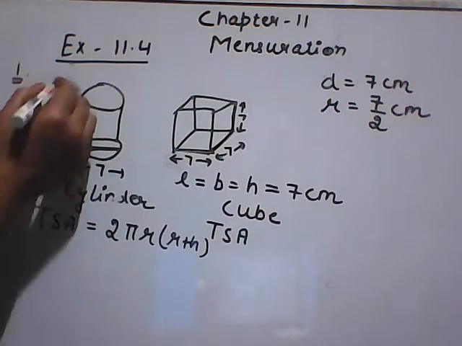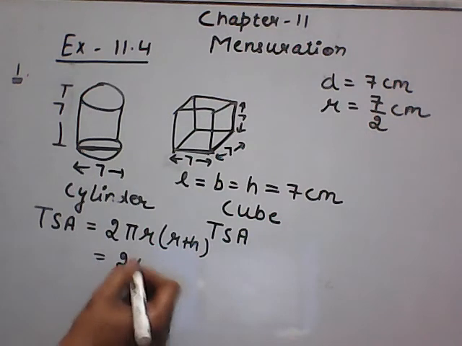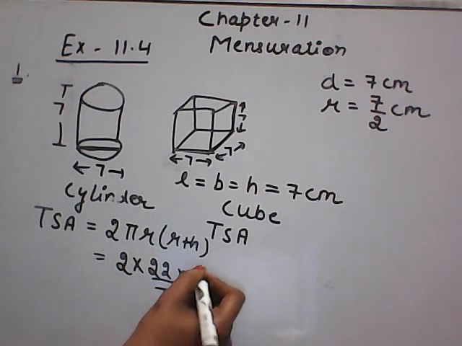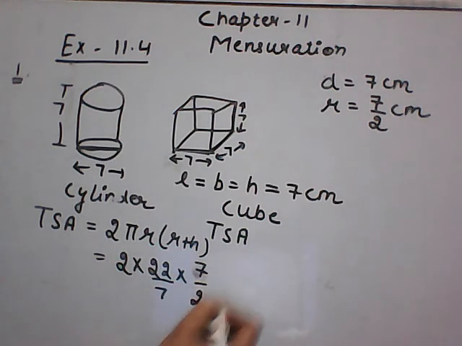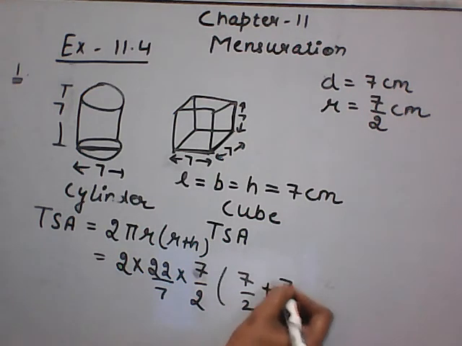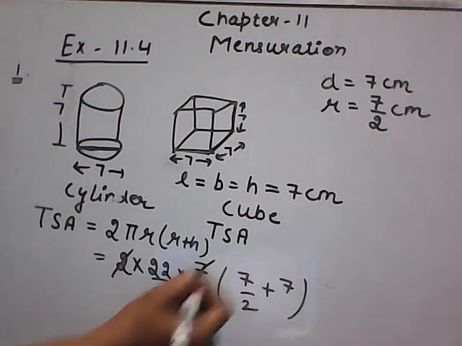Here h is also given to you as 7 centimeter. Now let's solve this. 2 multiplied by pi, which is 22 by 7, r will be 7 by 2, h is 7. Now 2 is cancelled out with 2, 7 is cancelled out with 7.